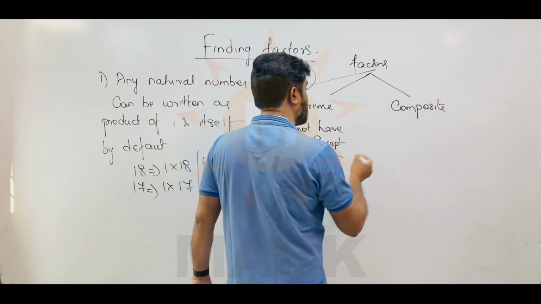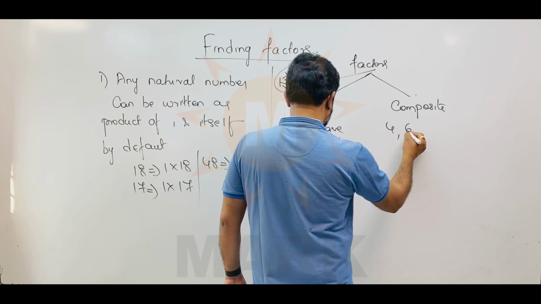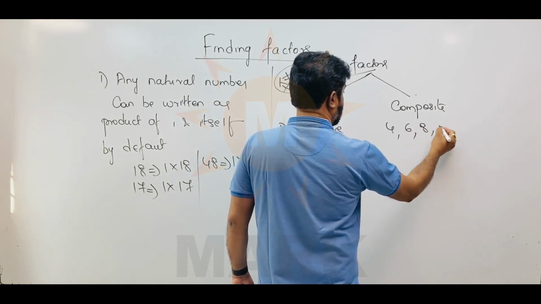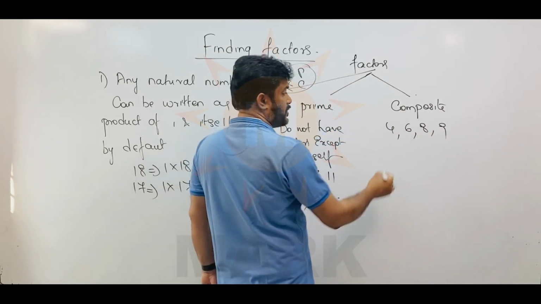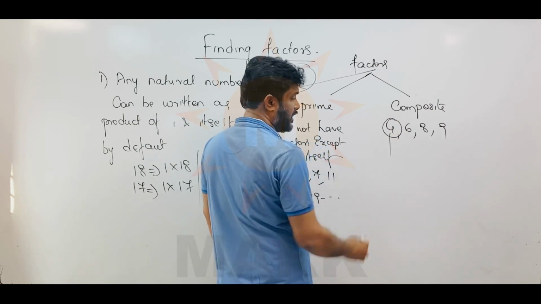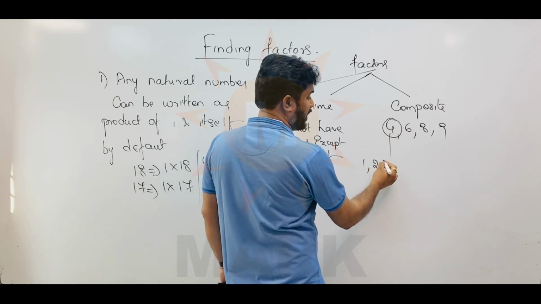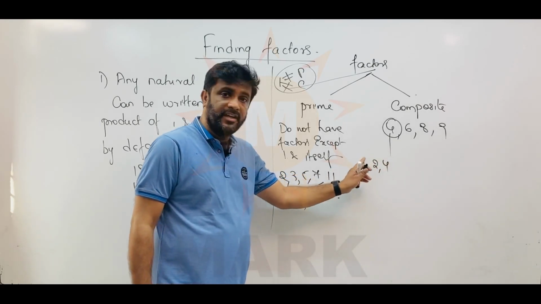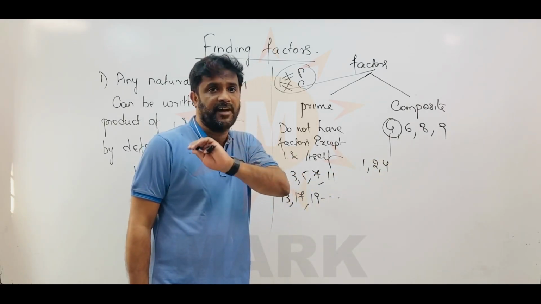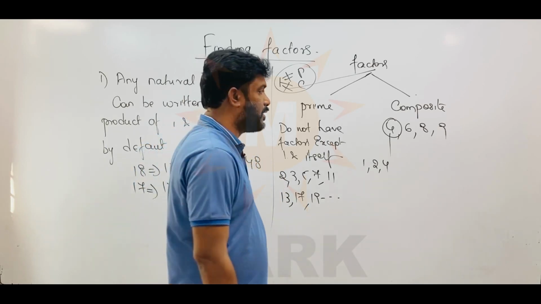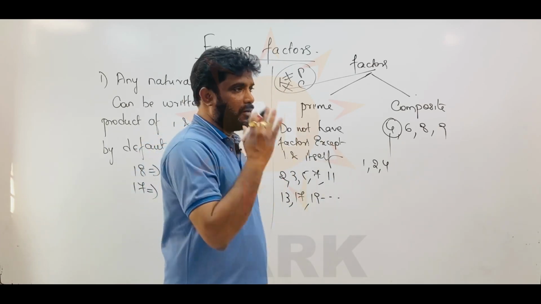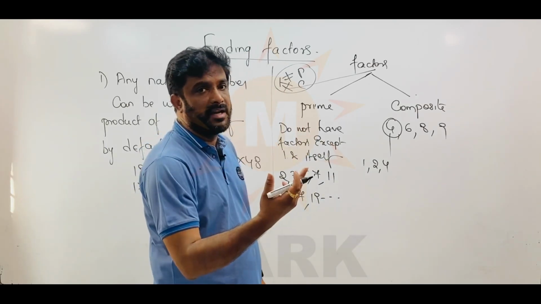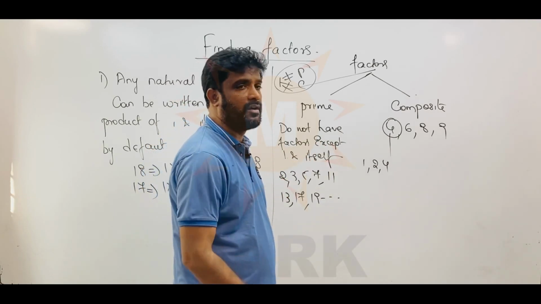Take 4: 1 is a factor, 2 is also a factor, 4 is also, that means 3 factors. Minimum 3 factors should be there, then we can call it a composite number.